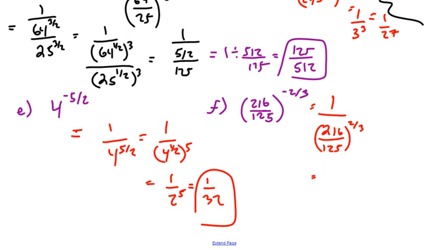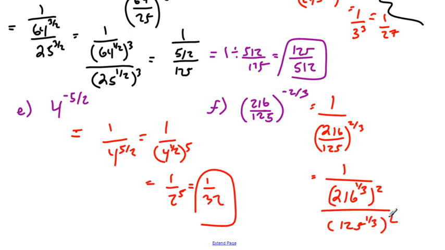So if I rewrite 216, it's going to be 216 raised to the 1/3, and then you raise that to the power of 2, and that's all over 125 raised to the power of 1/3, squared.